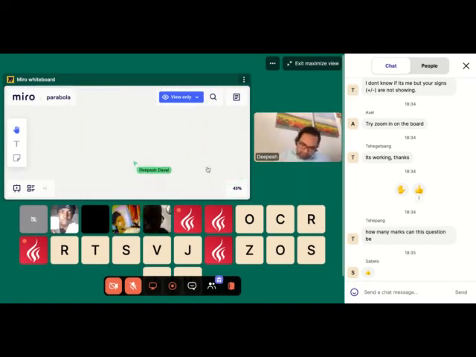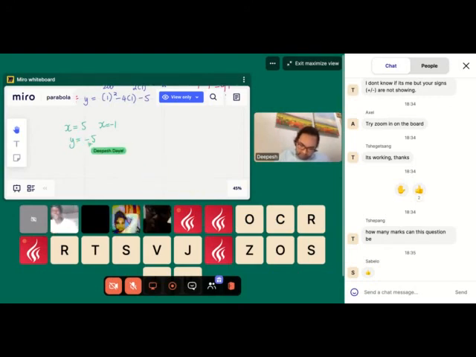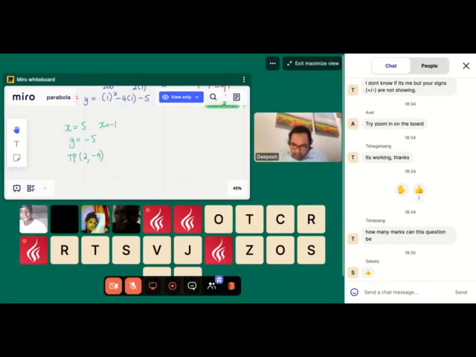We had y equals minus 5, and the turning point was 2 and minus 9. Yes, this is the summary. There we go. Now we can draw it.